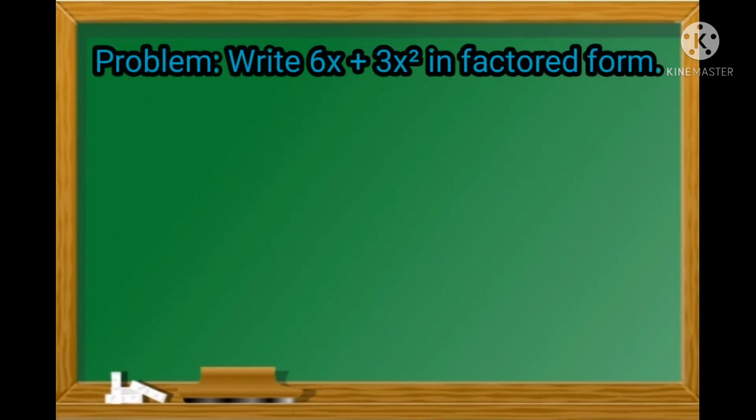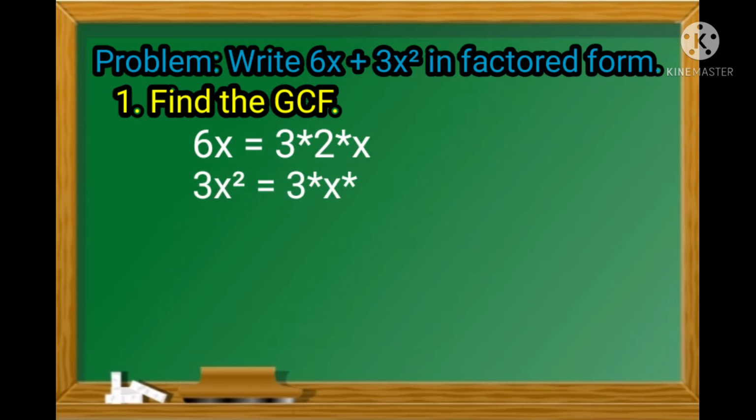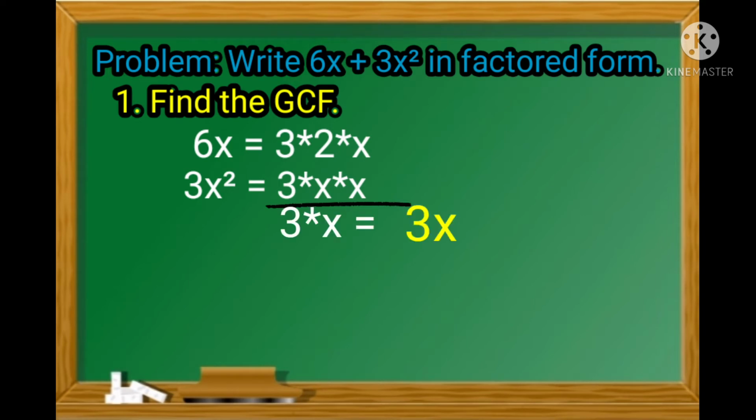For example, write 6x plus 3x squared in factored form. First, find the GCF of the given polynomials. Therefore, our GCF is 3x.